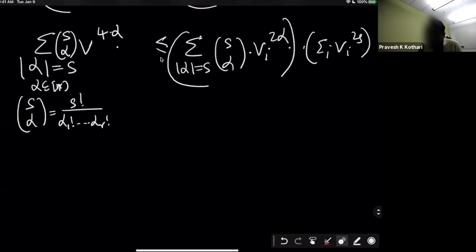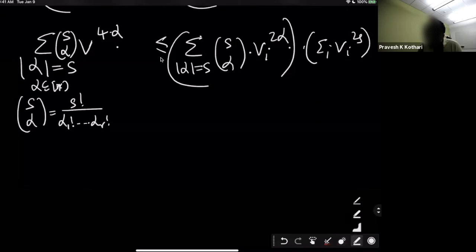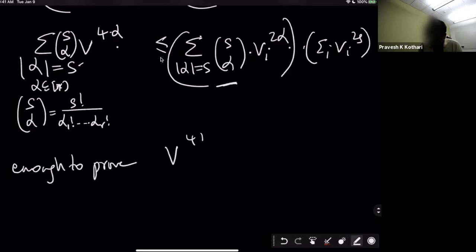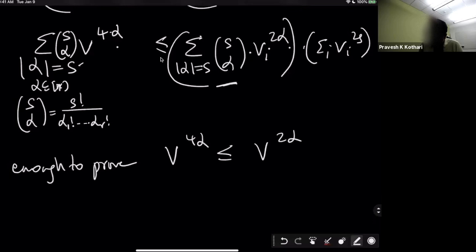So let's look at the alpha-th term. What's the alpha-th term? Both of them have coefficients S choose alpha on both sides. So it's enough to prove v to the 4 alpha is at most v to the 2 alpha times sum over i of v_i to the 2s.